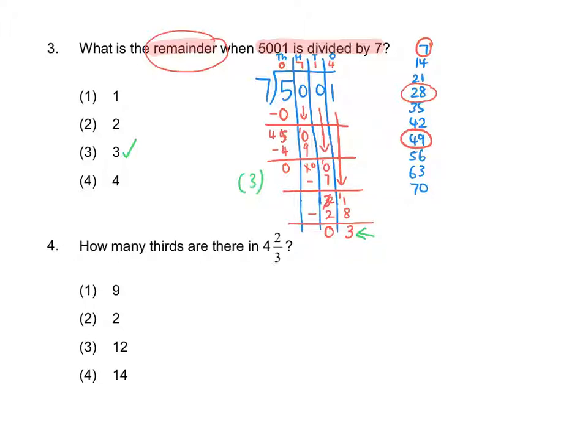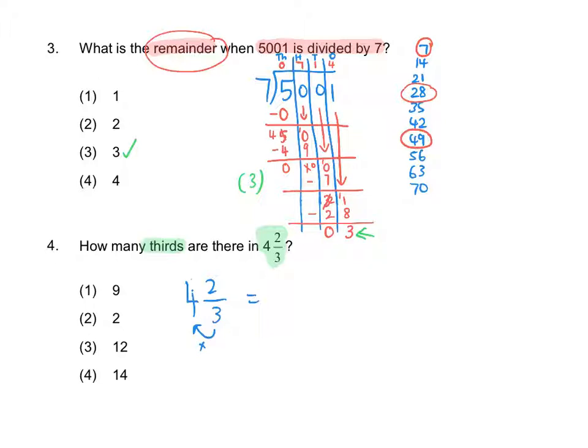Let's go on to question number 4. How many thirds are there in this mixed number, 4 whole and 2/3? To answer this question, you need to express the mixed number as an improper fraction. So how do I change this to an improper fraction? There is a shortcut.